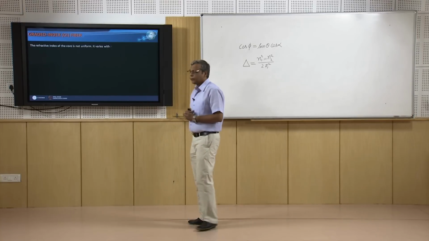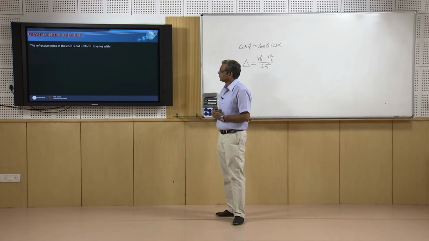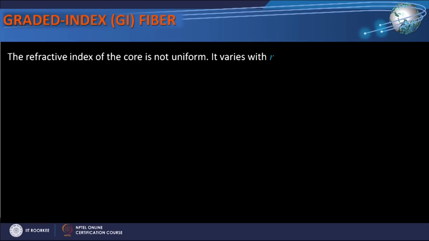Then, apart from step index fibers, there are graded index fibers, where the refractive index of the core is not uniform, it varies with r, the radial position.